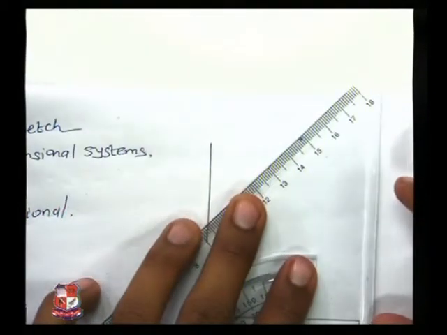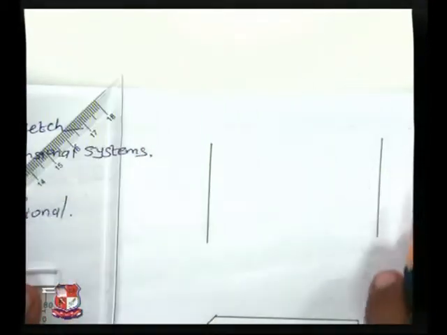Dimension can be a distance between two lines.